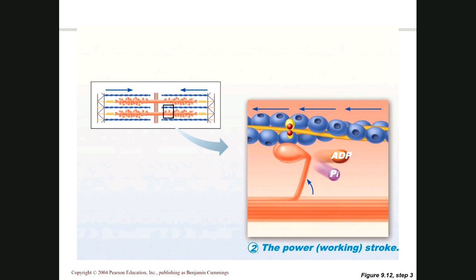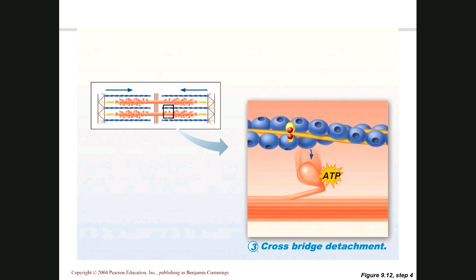Oh, there you go. There you can see it moving. Okay. Now ATP binds to the myosin head, and look what happens. The minute ATP binds to the myosin head, that energy that's going to be released when ATP is hydrolyzed is going to force that myosin away from the cross bridge. So now we have cross bridge detachment.